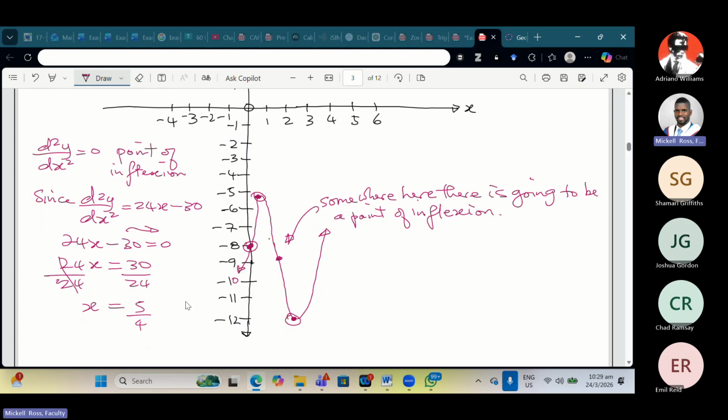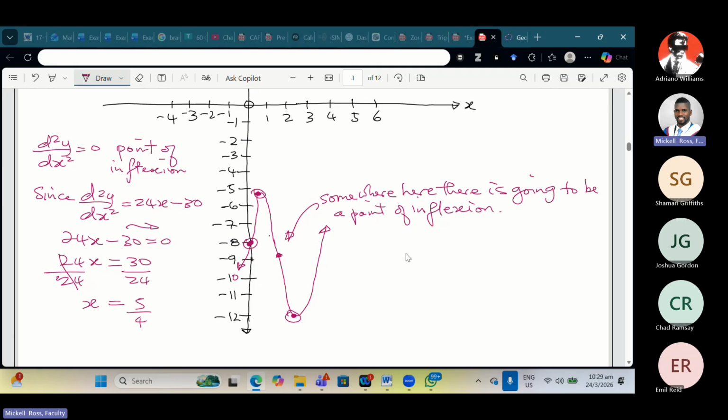So to find the y value, y is going to be equal to 4 times (5/4) cubed, minus 15 times (5/4) squared, plus 12 times 5/4, minus 8. And then we just go ahead and find the y value.